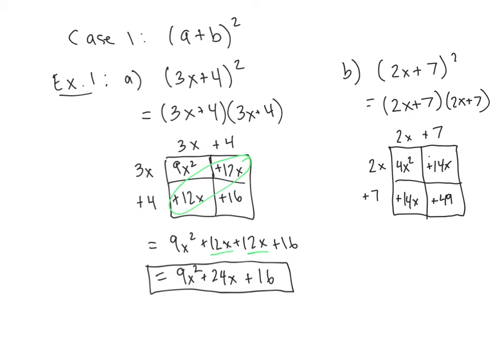All right, so your box should have looked like this: 4x squared, 14x, 14x, and 49. And again, on that diagonal, we're going to have a like term that combines.